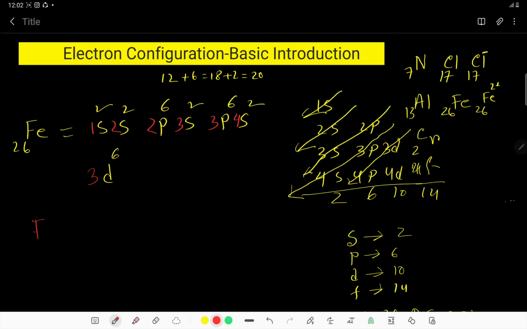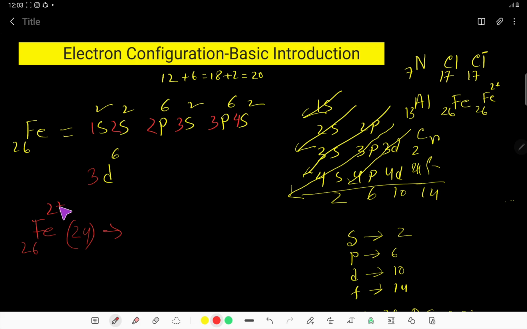So what is the electron configuration of iron 2 plus? Iron has 26 electrons, but due to the plus, you now have 24 electrons, right? To write the electron configuration of an ion, you have to write the electron configuration of the neutral atom, right? In the neutral atom we have 26 electrons, and the electron configuration of neutral iron is this.